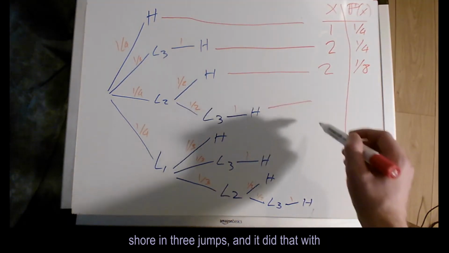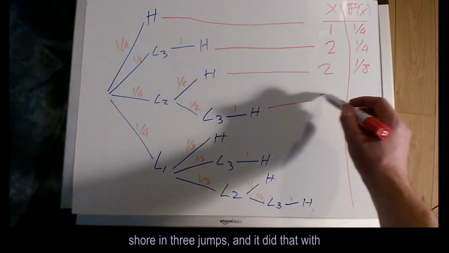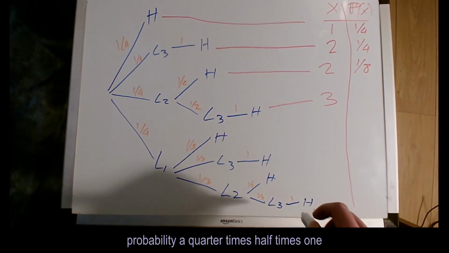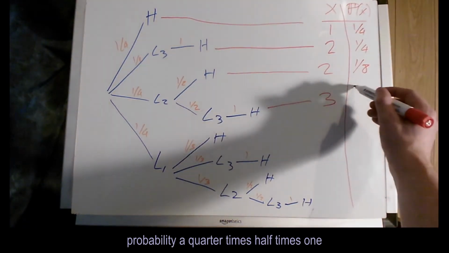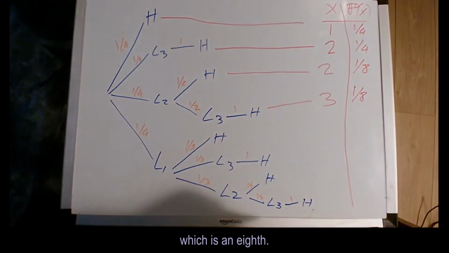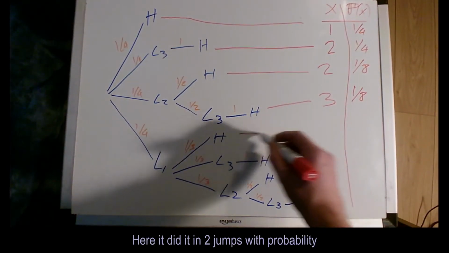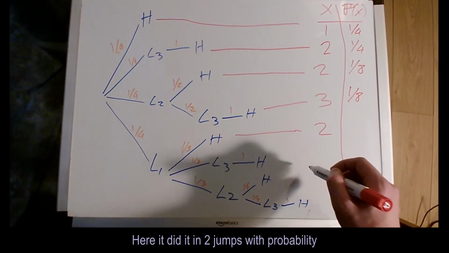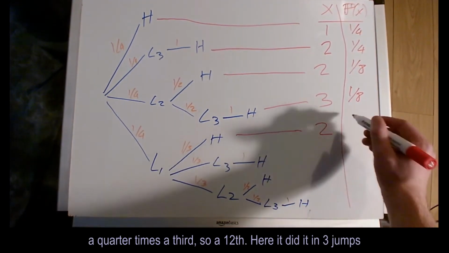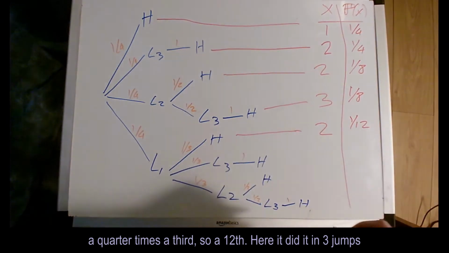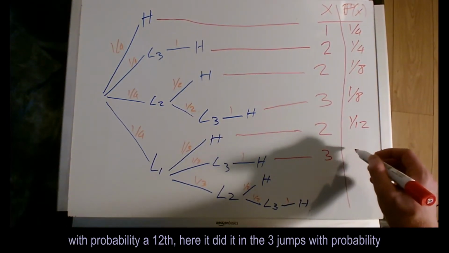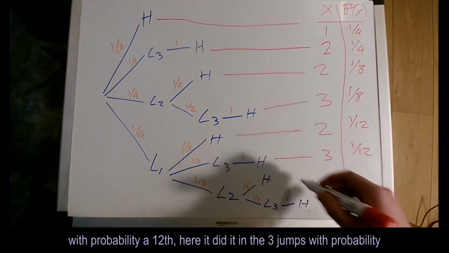Here, it reached the shore in 3 jumps, and it did that with probability a quarter times a half times 1, which is an eighth. Here, it did it in 2 jumps, with probability a quarter times a third, so a 12th. Here it did it in 3 jumps, probability a 12th.